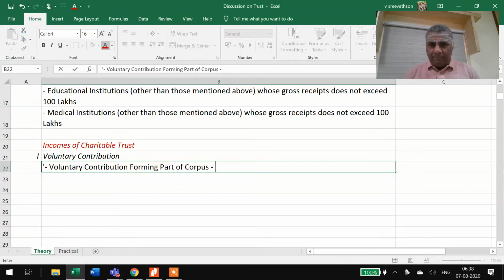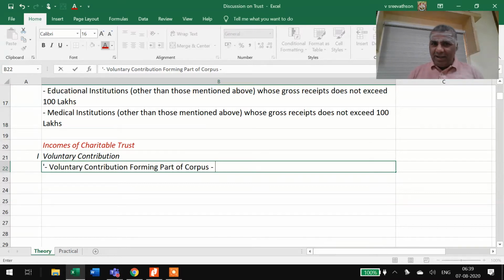Sir, I drive into Shivananda Gurukulam, pay them a donation of rupees 1 lakh and tell them to use it for your corpus activity. Capital, corpus.